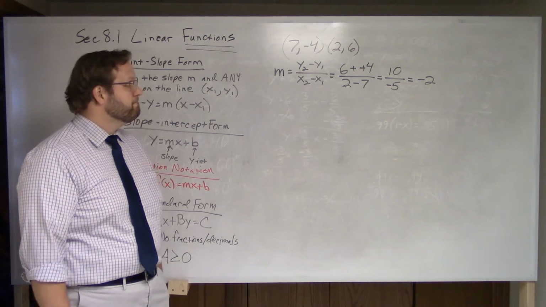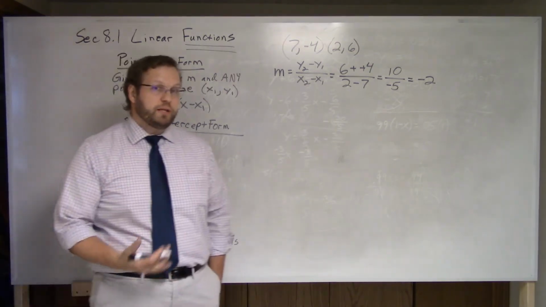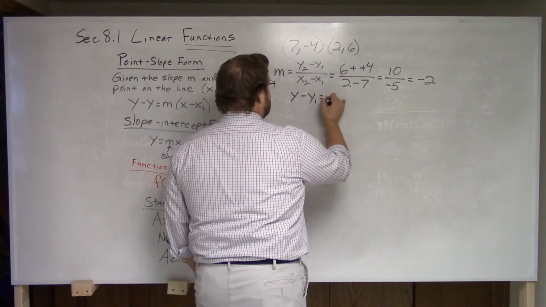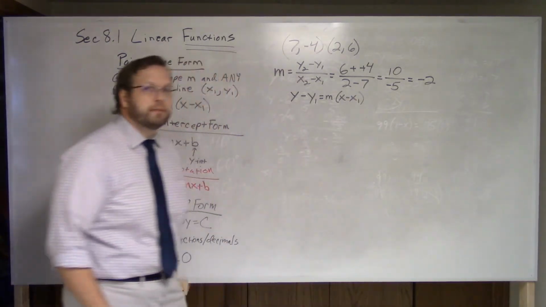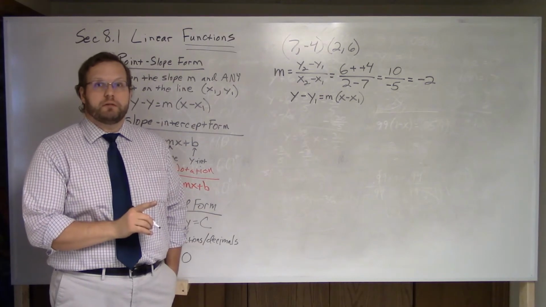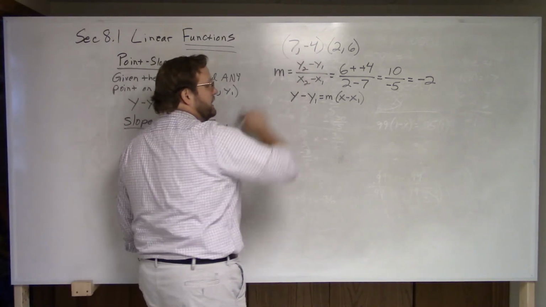Okay? There's my slope. Now after that, if I'm using point slope form, that y minus y1 equals m, quantity x minus x1, then what we have to do is pick one of those points. Okay? It doesn't matter which point you pick. So let's say I pick this 7, negative 4.